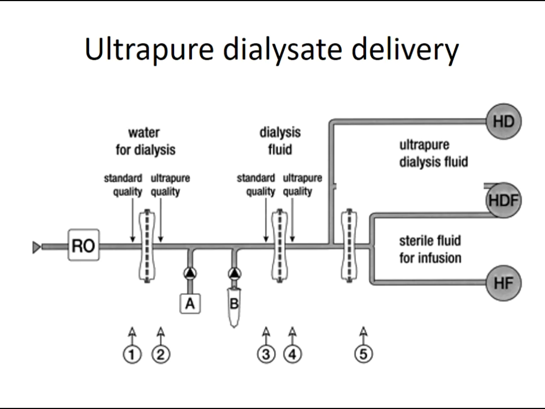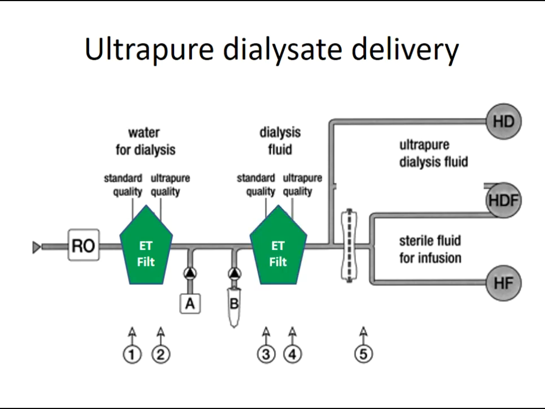Endotoxin filters are used in this purification. At least one endotoxin filter is essential to produce ultra-pure dialysate for high flux dialysis.